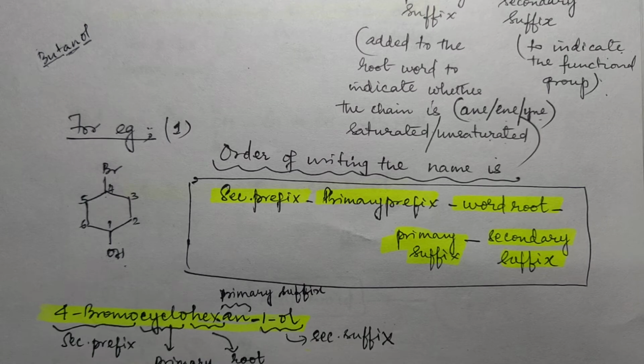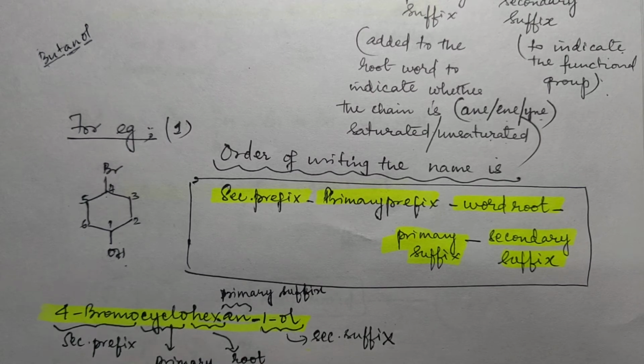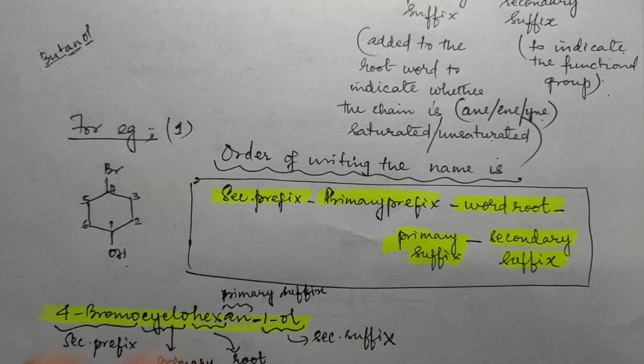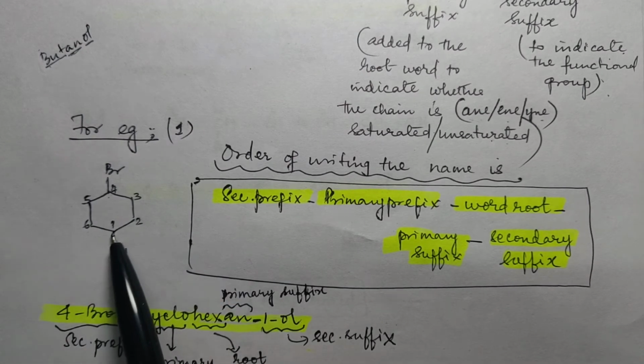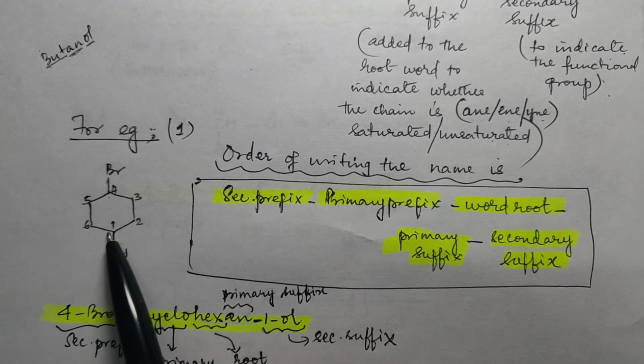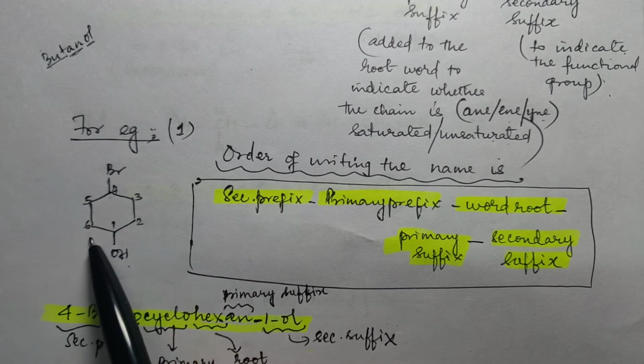Whereas this bromine or nitro group or amino group or alkoxy group, they are all considered as substituents. They are not considered as principal functional group. Right? So you will start numbering from the carbon which is holding the principal functional group. That is why you put the numbering this way.